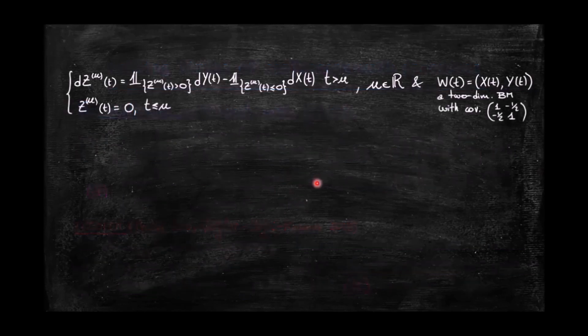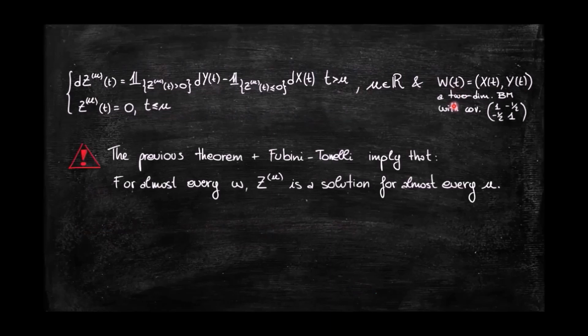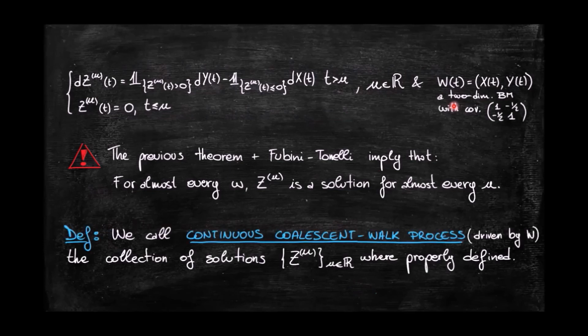So, in particular, if we consider this family of stochastic differential equations for all u in R driven by a two-dimensional Brownian motion with correlation -1/2, then using the previous theorem and Fubini-Tonelli, we can show that for almost every omega, Z^u is a solution for almost every u. And so we define the continuous Coalescent-Walk process driven by W as the collection of solutions Z^u for all u in R where they are properly defined.